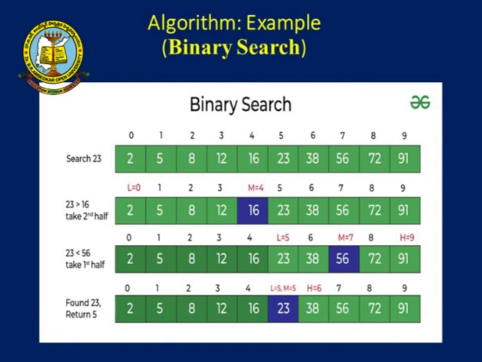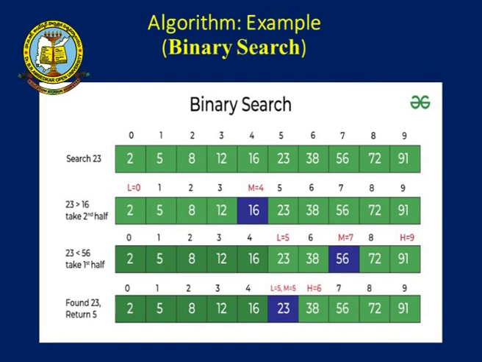Just compare that 16 with your target element. Your target element is 23, the number you wanted to search. So it will be in the second half of the elements, not in the first half of the partition.